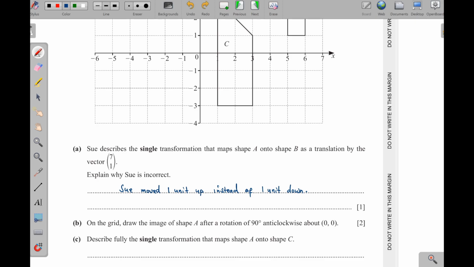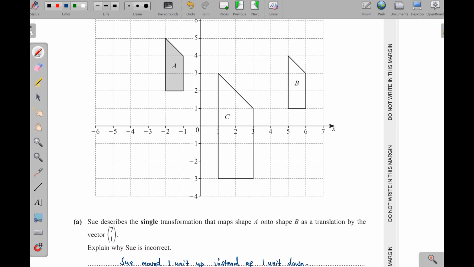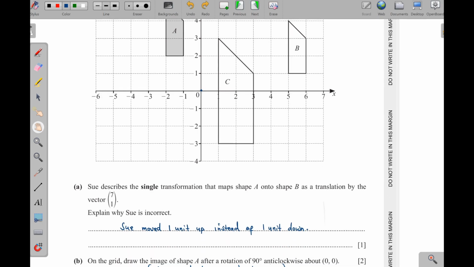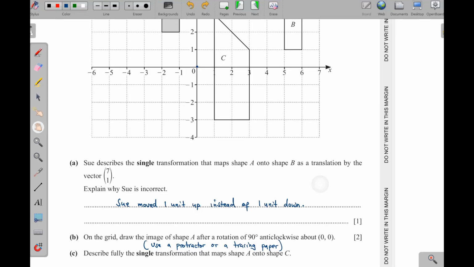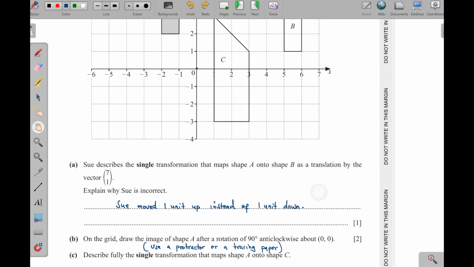Okay, now what we do here, we can use a protractor or a tracing paper. Now, since I don't have a tracing paper on my software here, I'm going to use a protractor. So mark the point 0, 0. 0, 0 is here. Then we rotate it 90 degrees anti-clockwise.